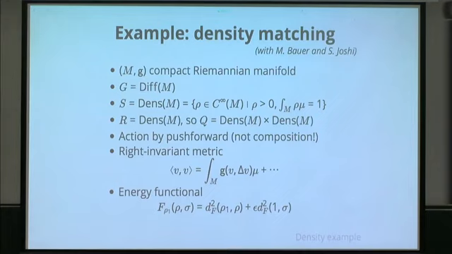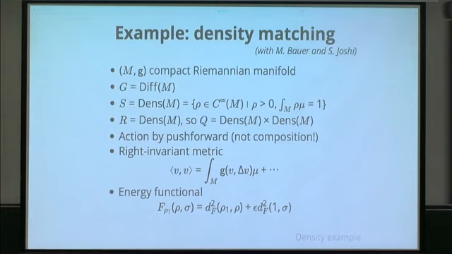As S, the shape space, we take the space of probability densities. So it's densities that are positive, and they integrate with respect to the Riemannian volume form that I call mu to 1. You can also think of this as top forms. It's just a matter of what you prefer. In this case, we sometimes need regularization as well, and we used a very simple type of regularization. You just penalize change of volume.